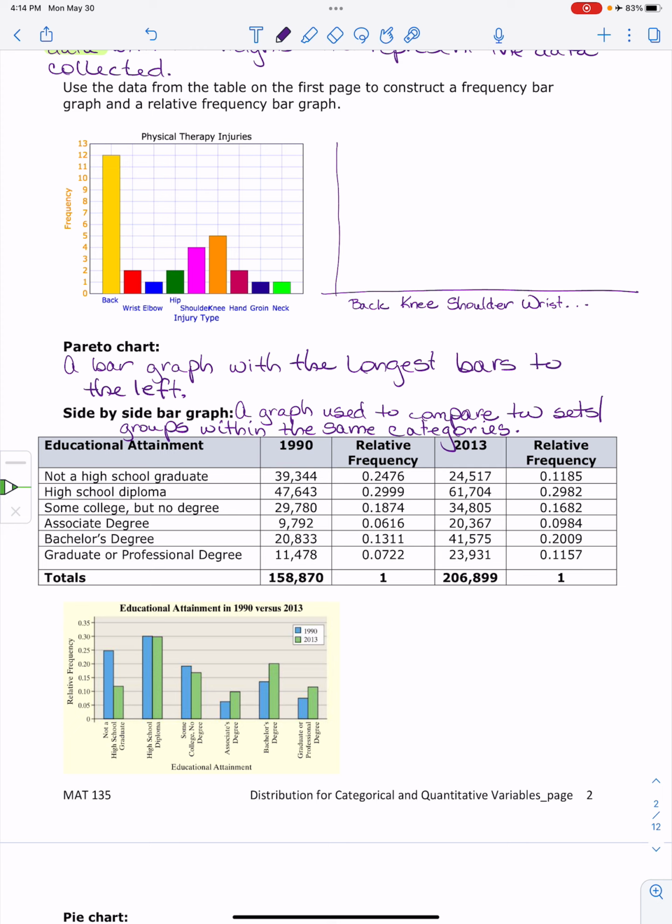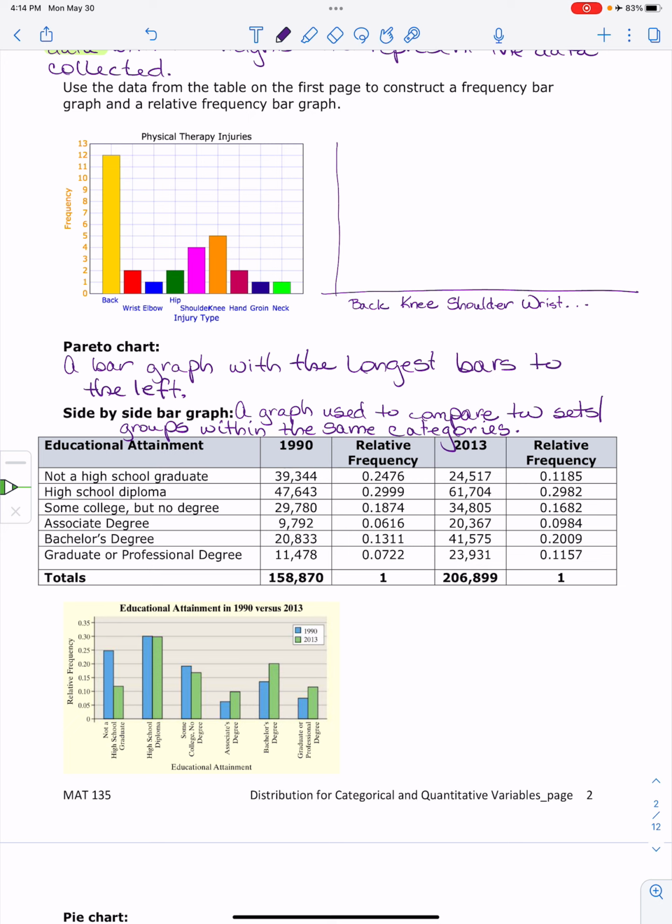And so if we take a look at these notes, we've got educational attainment. You might be able to read this as least education to most, but it really doesn't matter what order we're putting them in. You notice over on the left-hand side, we don't have frequencies like we do above. It's not how many people got those degrees.